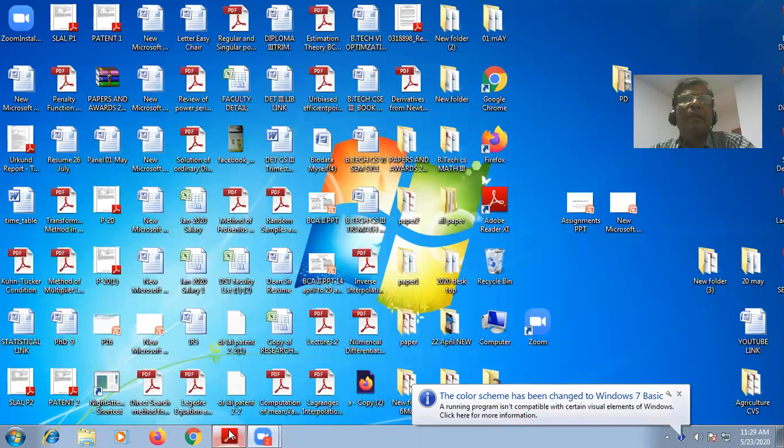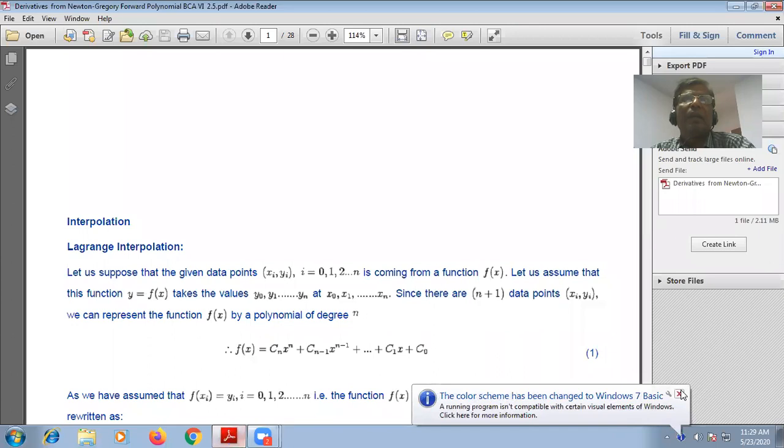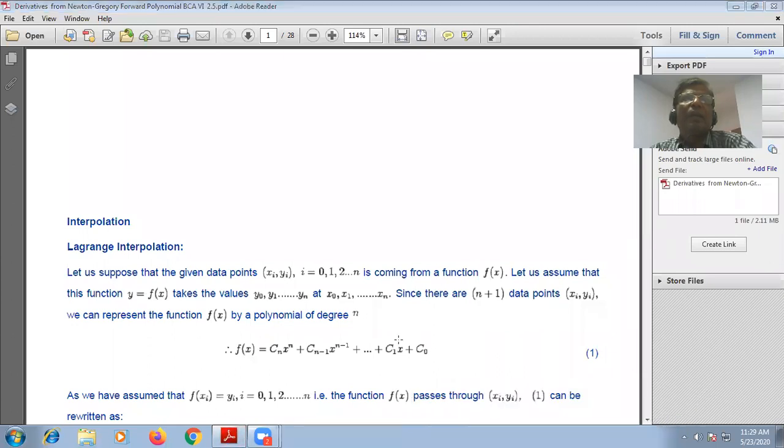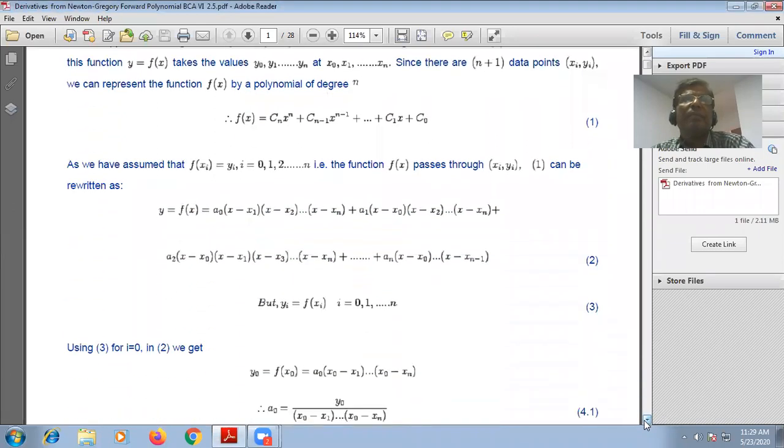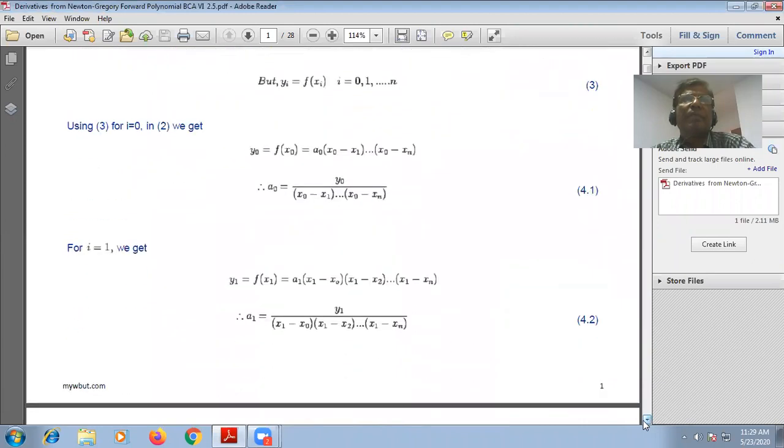Now, remember the Lagrange interpolation, as we have discussed, and the derivation of the constants A naught, A1.